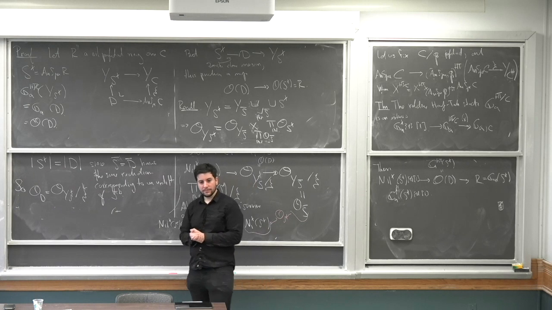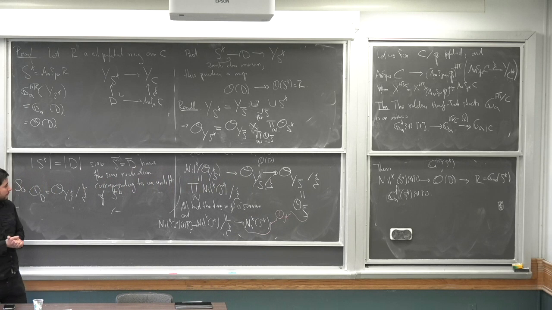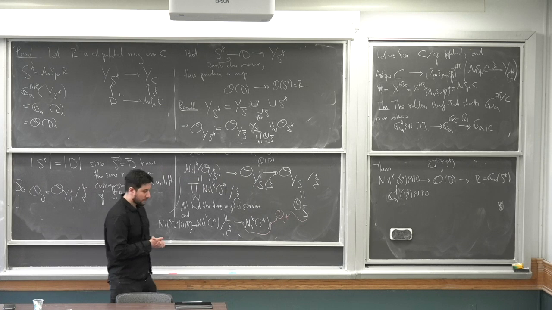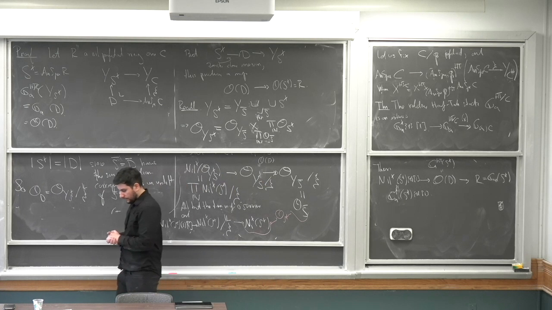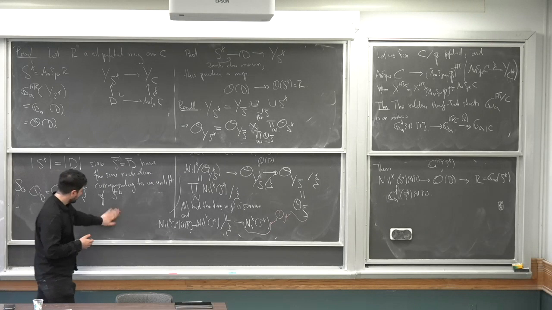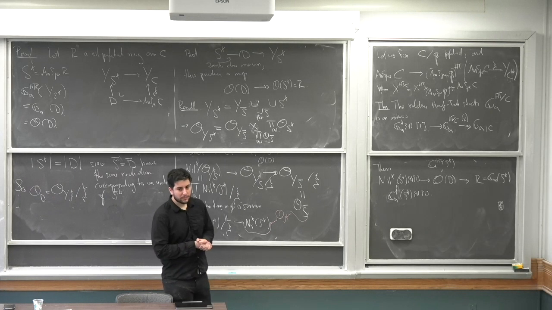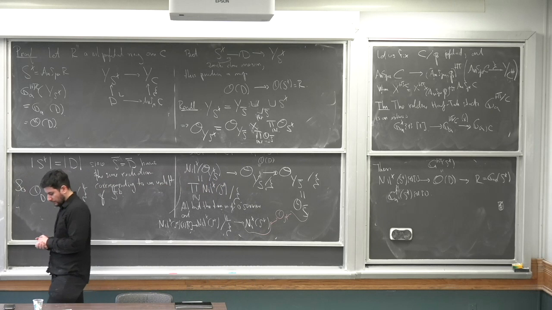And then when you look at the kernel and the cokernel of multiplication by V F1, you immediately see that you get an expansion as G_a by G_a sharp twisted by.